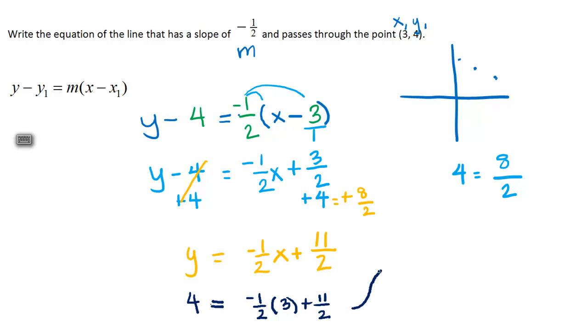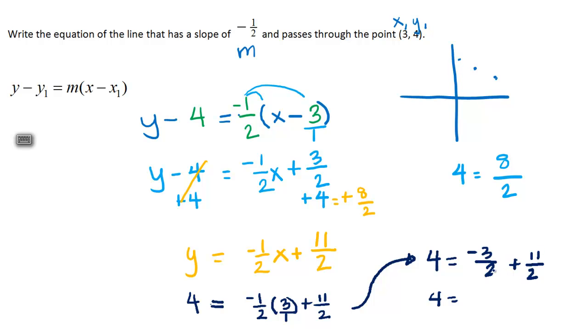I'm going to come over here because I'm running out of space. So 4 equals, what's negative 1 times 3? That's right, it's negative 3. 2 times invisible 1 is a 2, plus 11 halves. Okay, so 4 equals, what's negative 3 halves plus 11 halves?